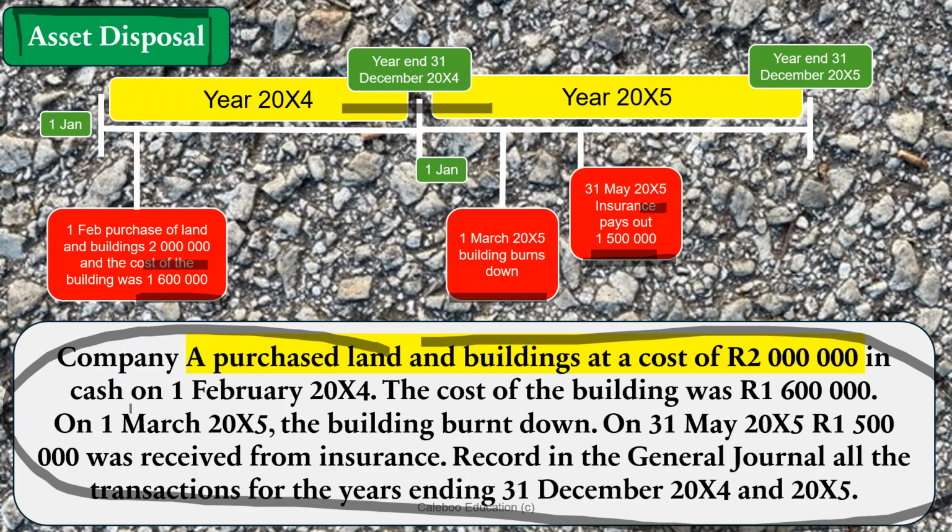We're going to have to calculate on this whole event whether there was a profit or a loss on the burning down of the building. That's where we're going. And the end of the second year that we have information about is 2025, 31st of December.